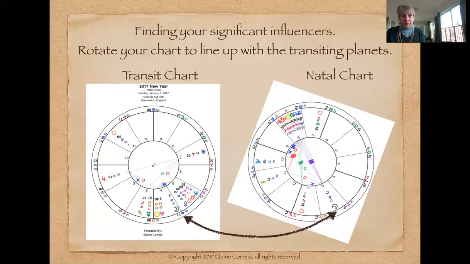So now, get out your astrology chart. And what we're going to do is take a look at how you are being affected. So, this is like a huge, huge science, but we're just going to keep it really, really simple right now. If you have an astrology program, you can actually put these two charts together, and it makes it so much simpler.